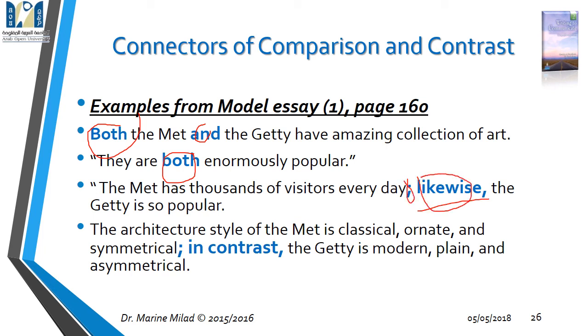You can put a period or semicolon here, and then you have to put a comma after likewise. In contrast as well, you can put a period. If you don't use a semicolon, I don't think you should use a semicolon now. You can put just a period and put in contrast. So when you go to page 160, study how the author used the comparison and contrasting.